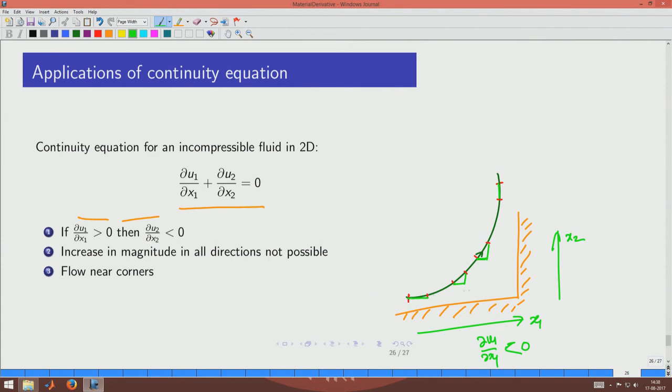The reason it has to decrease to 0 is because it cannot penetrate the wall, which means that dou u2 by dou x2 is positive. In this corner the y velocity is picking up in magnitude; it is 0 at this location and reaches its full velocity by the time you go away from the corner.